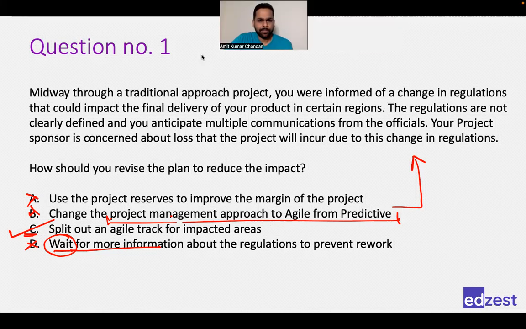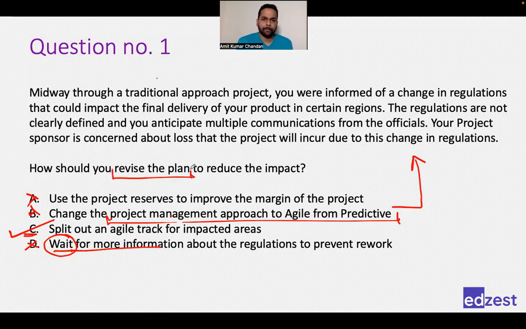Amit, I'm a little confused. The reason is, how should we revise the plan to reduce the impact? Now, the regulation is not yet out. It's a risk which will be coming in future. So, to revise the plan, he would need information, right?